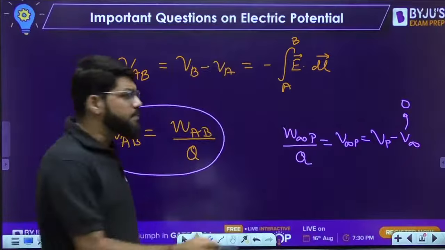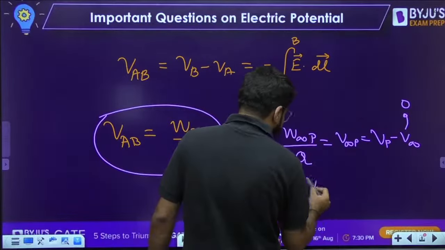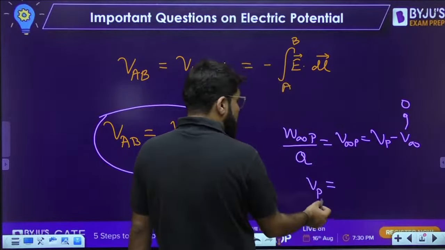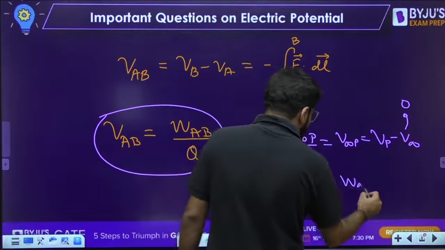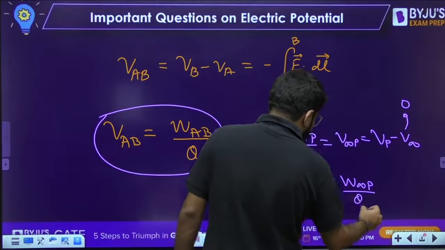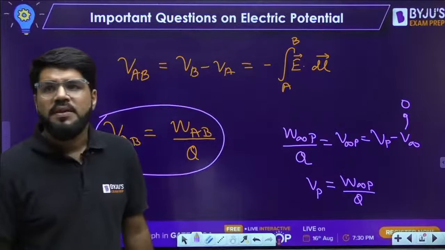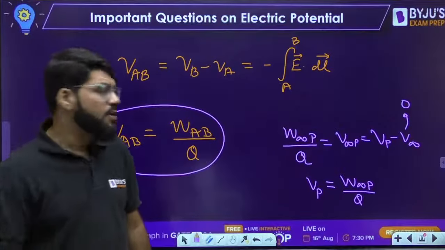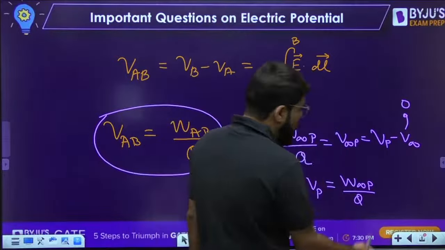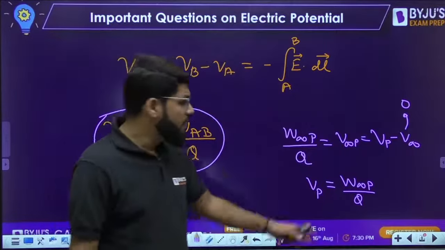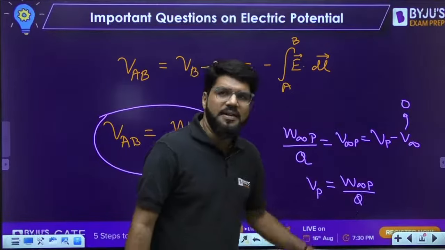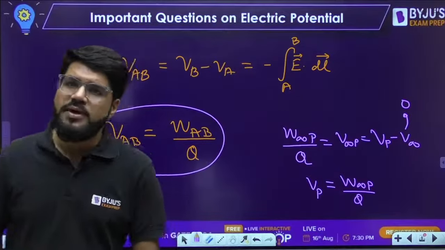So that is the absolute potential, what we calculated in the last. So the absolute potential of any point is equal to the amount of work done in moving that charge from infinity towards the point P divided by the value of the charge. That means again work done per unit charge.